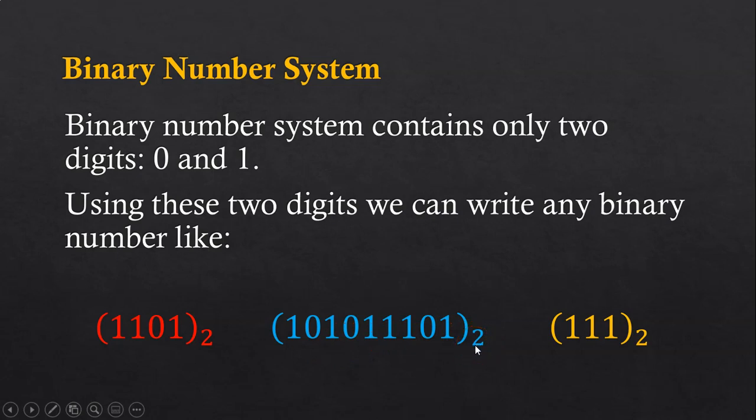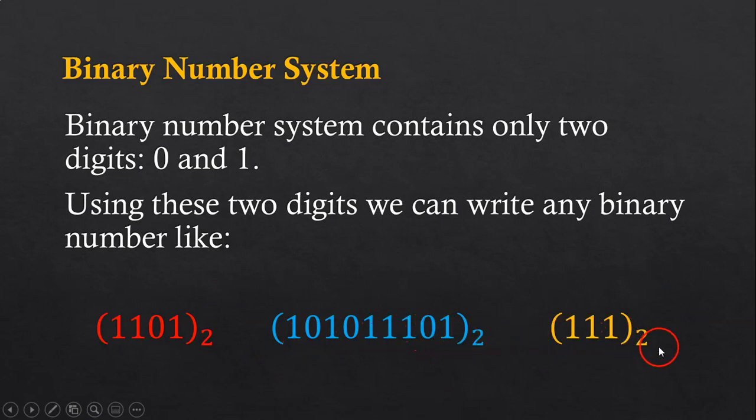Now remember one thing here, that I am reading this number not in decimal style, because in decimal style if we write this number 1101, we can read that number as eleven hundred and one. But here we have to read this binary number such that every digit is pronounced singly. So I shall read this number as 10101101, like that.